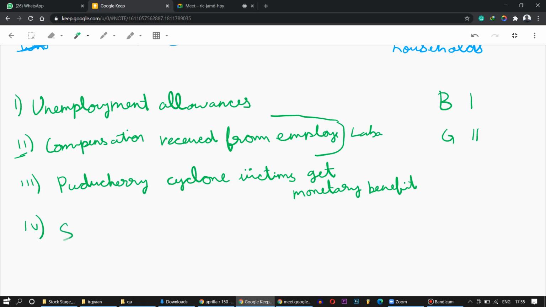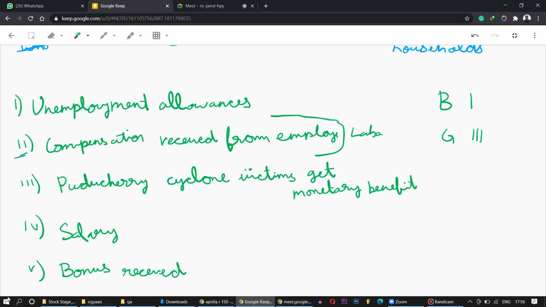Okay? Very easy. Salary. Salary is the factor income. What is this, Aryan? Dude, it's for your own benefit. Shall I even say bonus received?